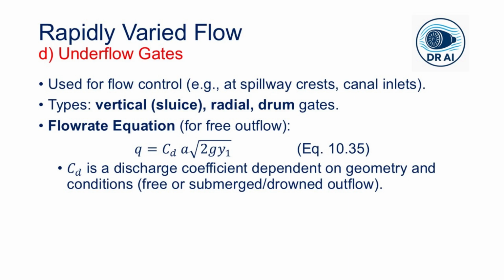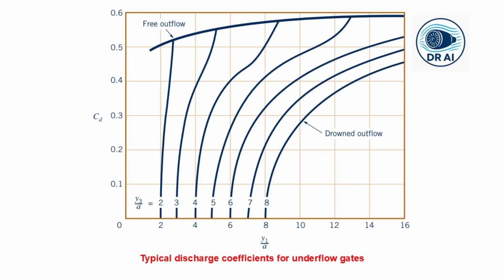The coefficient accounts for the contraction of the jet, which is the minimum depth downstream of the gate, where Y2 is less than the gate opening A. The ratio Y2 over A is called the contraction coefficient, C subscript C, and it is represented in this figure. It shows how C_D varies with the upstream depth ratio and the downstream tailwater condition.